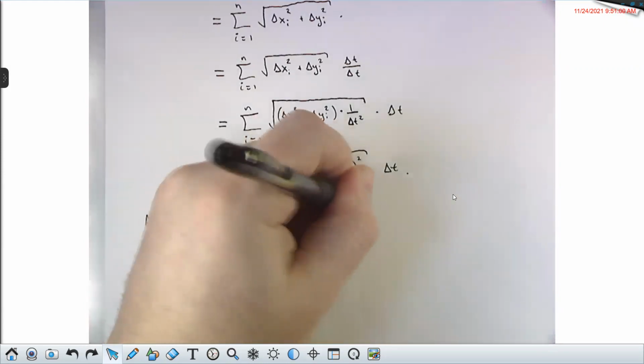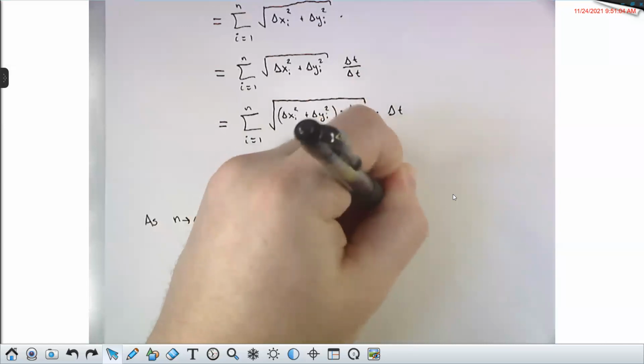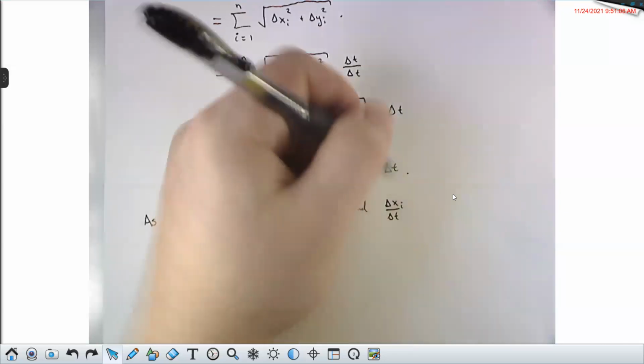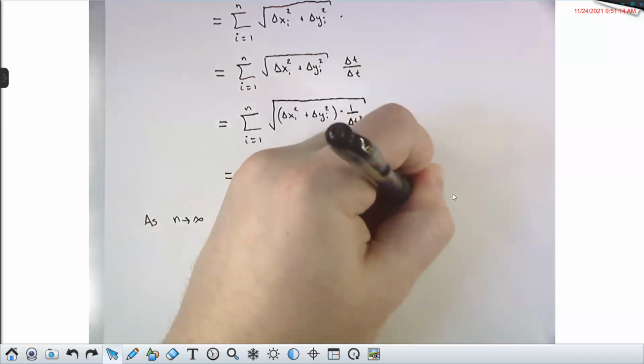And delta x over delta t, right? Delta xi over delta t, if you like. You know what deltas do as you go to infinity here. These are going to become derivatives.